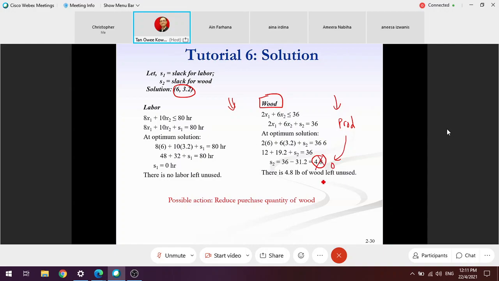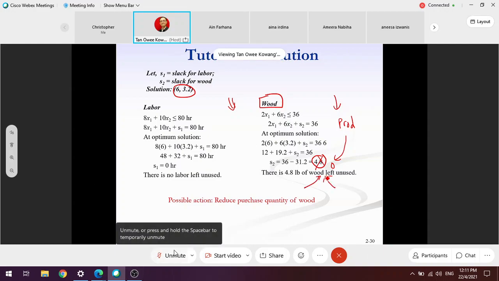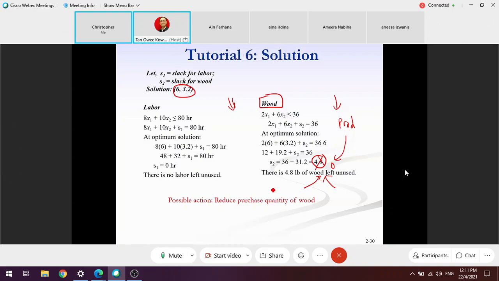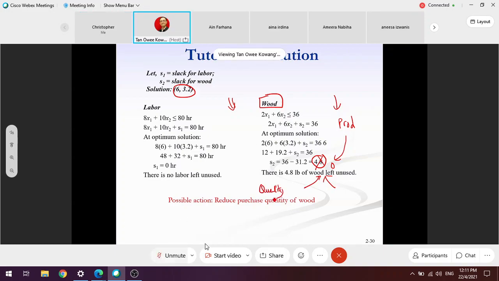What is the possible reason? What are the possible reasons? You get what I mean? Based on calculations. Okay, so what are the possible reasons? I think there is damaged wood, Doctor. Loss. Right. Loss can be because of quality, and it could also be lost because of production.